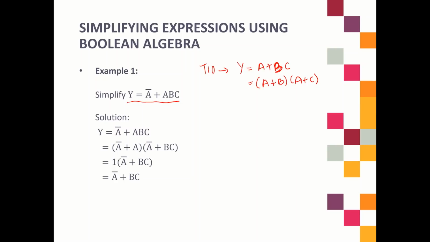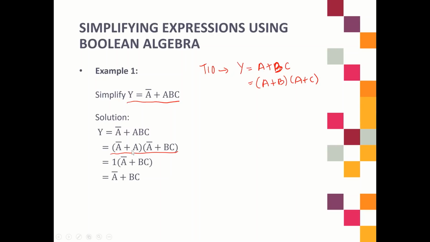When you apply theorem 10, you will get these expressions: A bar plus A, and A bar plus BC. When you get these equations, it shows you that A bar plus A becomes one term. So we change from SOP to POS. That is the function of theorem 10.